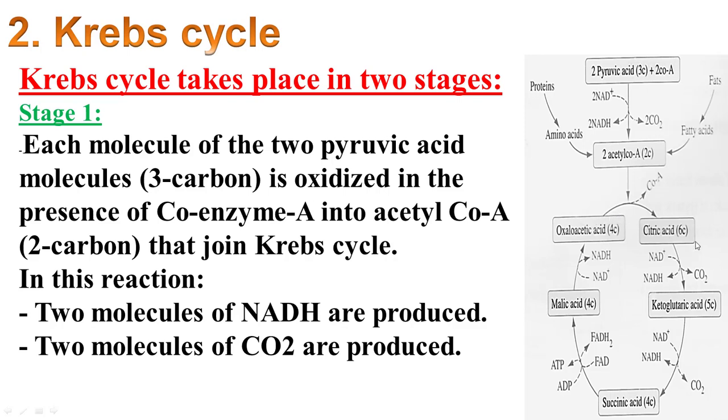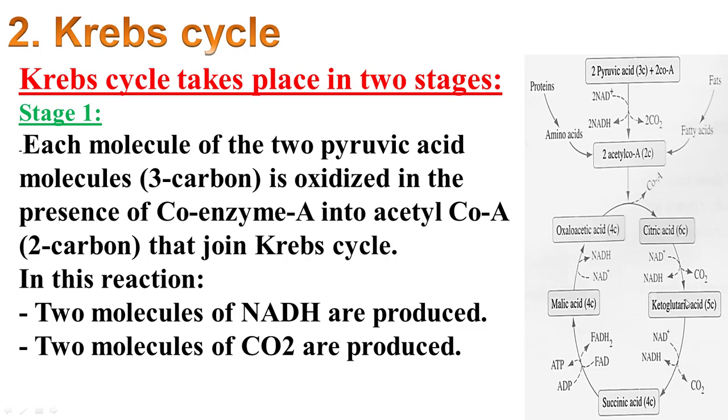Citric acid is 6 carbon, so the first result of the Krebs cycle is citric acid, and that is why the Krebs cycle is also called the citric acid cycle. 6 carbon turns to 5 carbon ketoglutaric acid. Here we have a reduction in the number of carbon, released in the form of carbon dioxide.